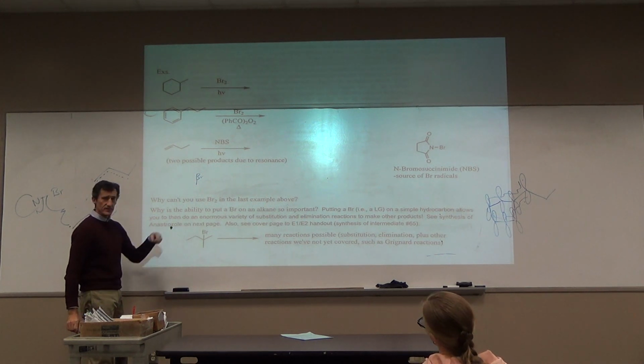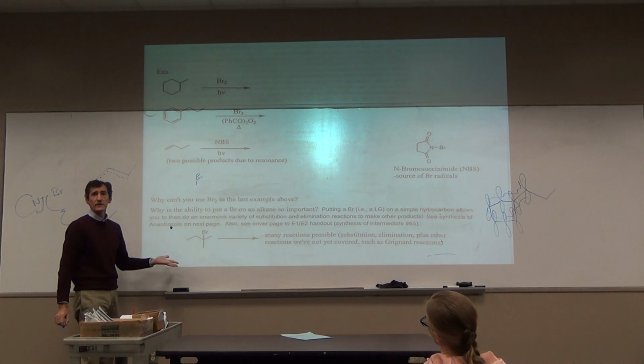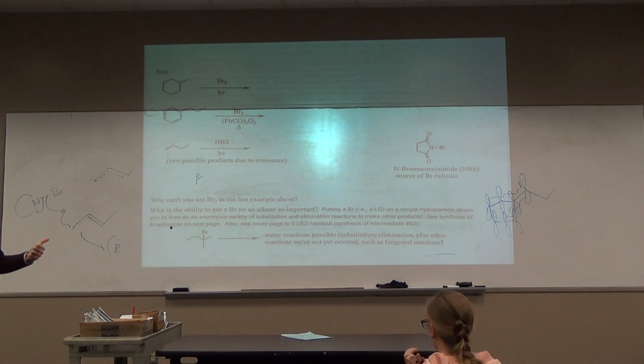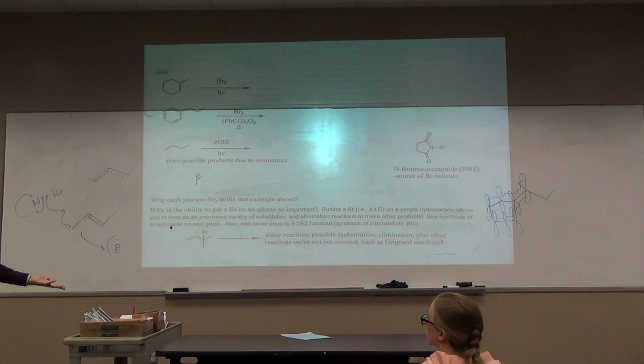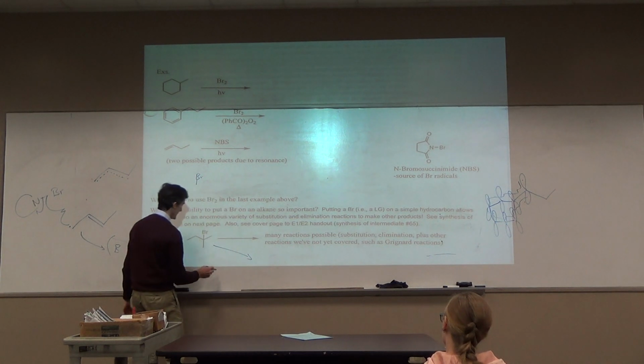Because now you have a leaving group. And now with this substrate, we can do so many reactions, so many possibilities now. Where with alkanes, all you can do is burn them and do a radical bromination. Not much else.